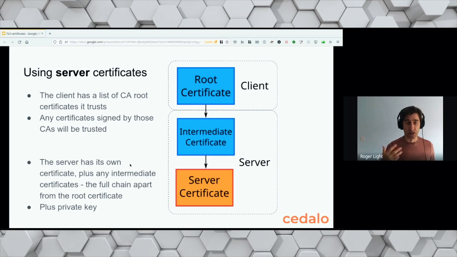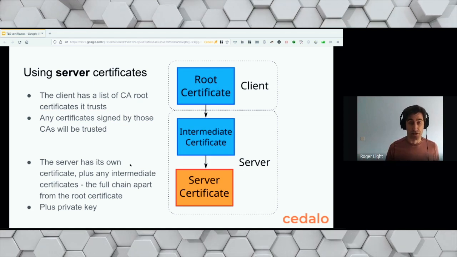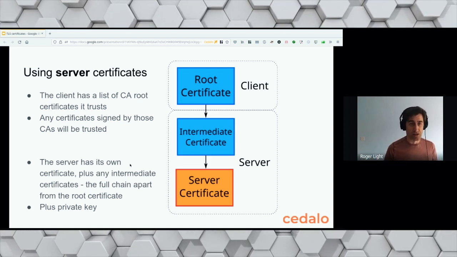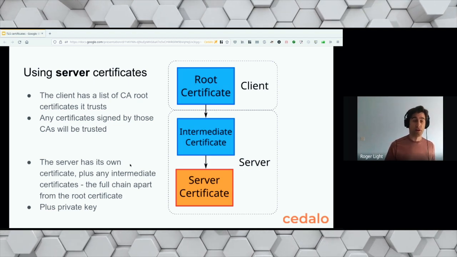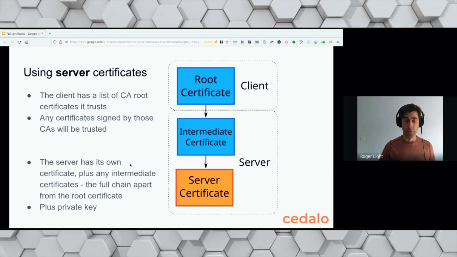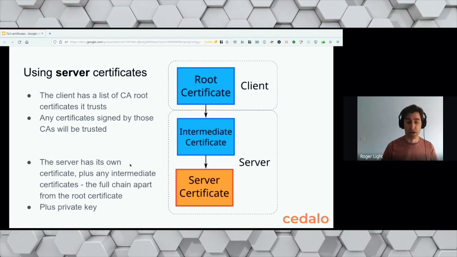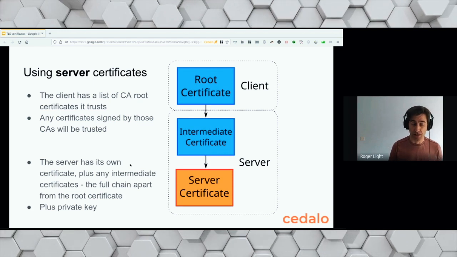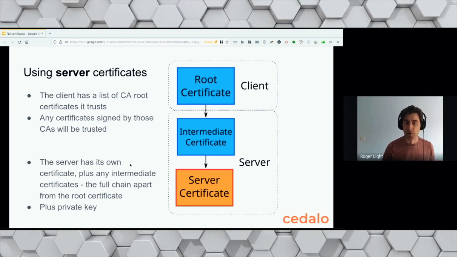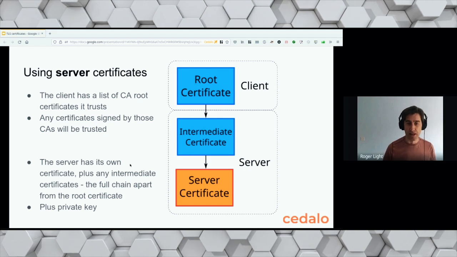So we need to build that chain from the root certificate down to our server certificate. The client contains the CA root certificates it trusts, and then the server has its own certificate, but it also needs the intermediate certificates, essentially the full chain apart from the root certificate. It also needs its own private key, of course, for doing any of the decryption.